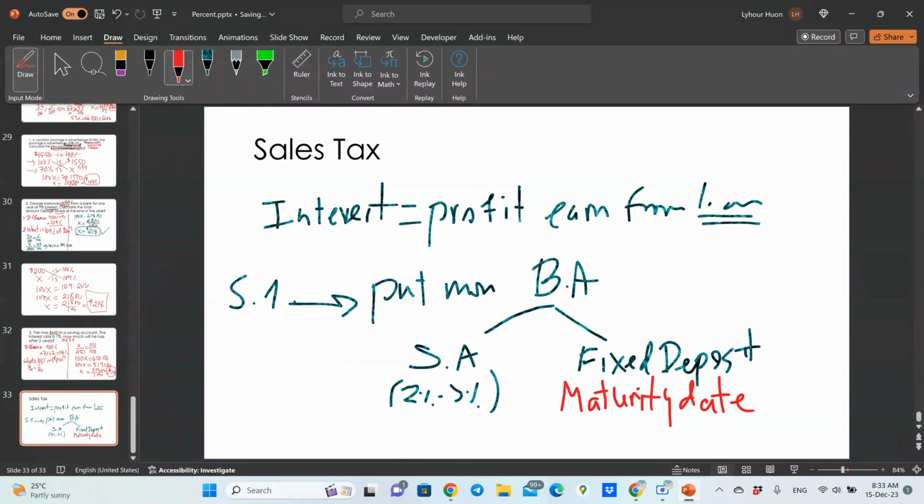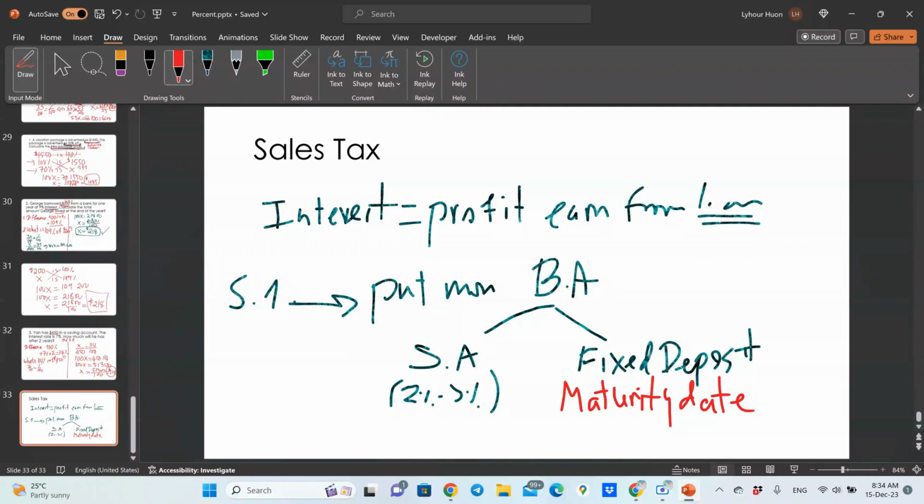Is it like the more money you put in, the longer? Or the longer, but we have to set the date. So between now and next year, I cannot withdraw the money. If I withdraw the money, meaning I break the fixed deposit, I don't gain any interest.